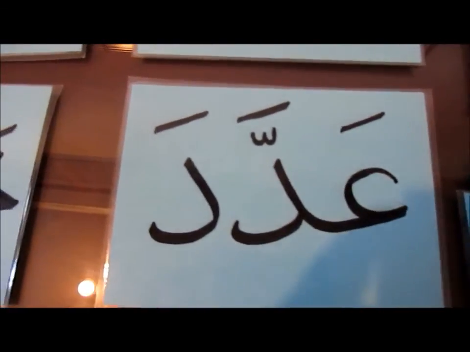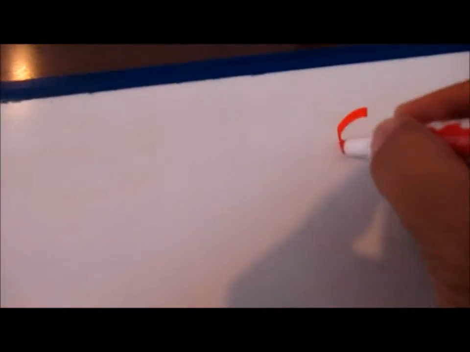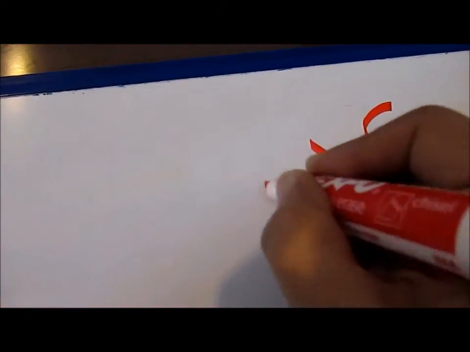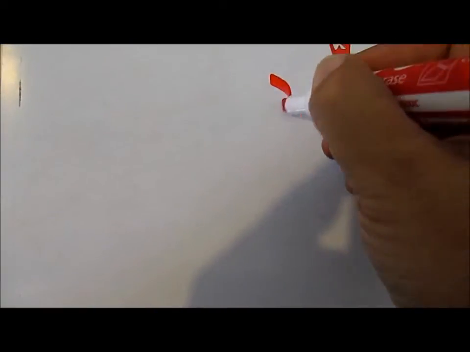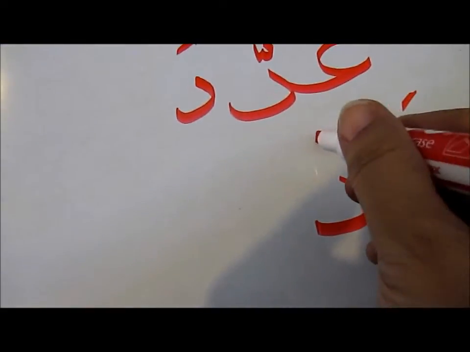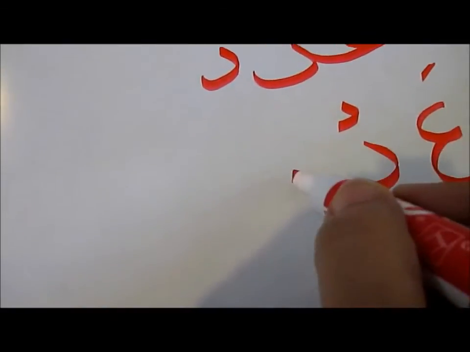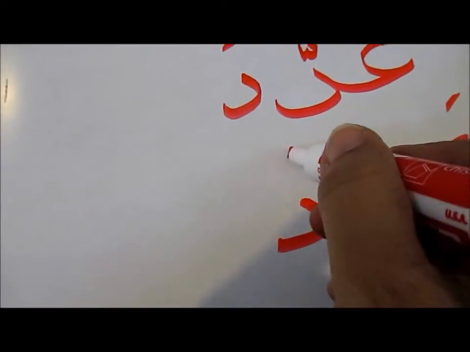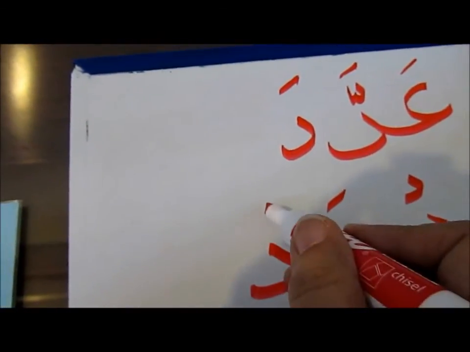For instance, this one, you would place it here. You can draw it out. You say, okay, this is what you are getting confused with, or you don't know what's happening here. So let's see. We'll open it up. You have ain, and then you have a dal, and that has a sakin, and the second dal has a fatha, and the third one has a fatha too.